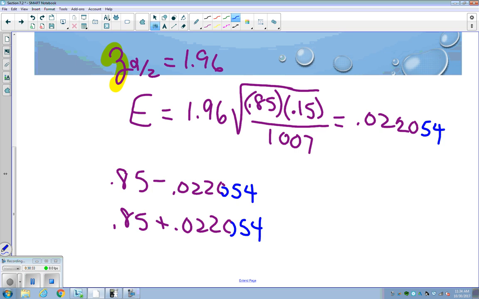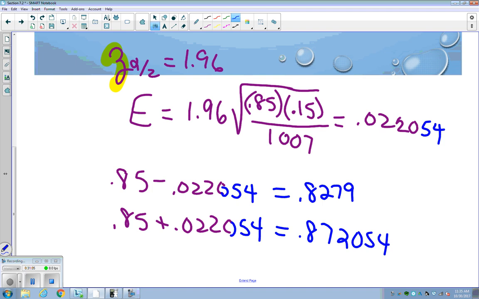When I subtract it, what do I get? And when I add it, I get 0.872054, right?